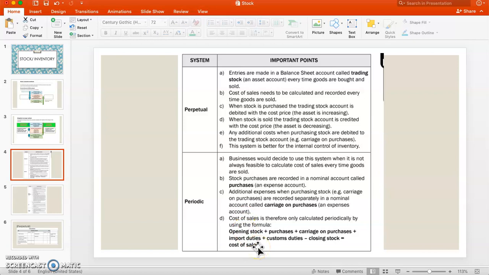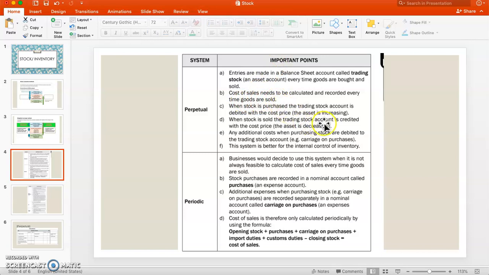But very quickly, you need to note that the perpetual system uses the trading stock account, but the periodic system uses a nominal account called purchases. Purchases is an expense account. And the main difference here is that cost of sales is calculated every time goods are sold.